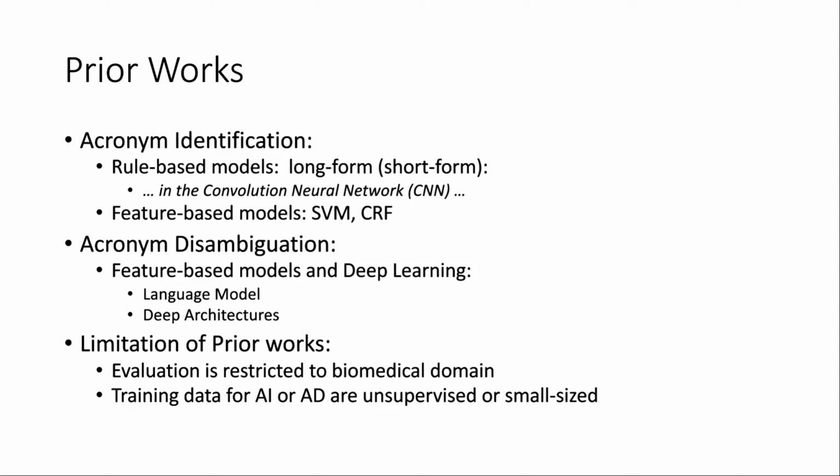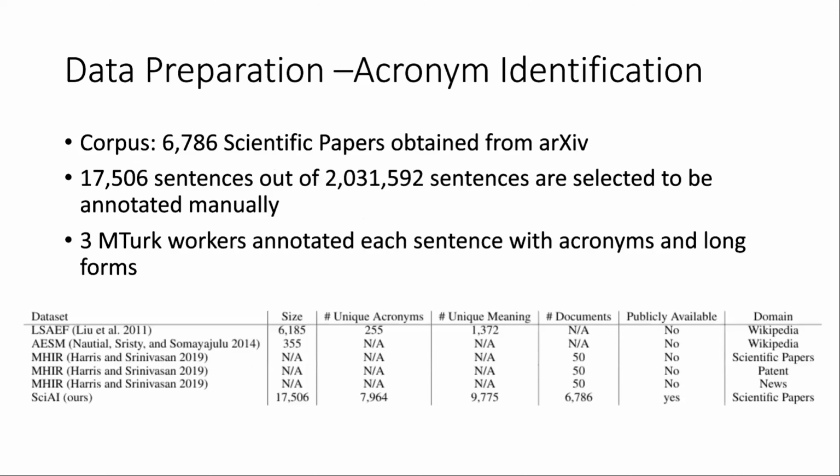And we also know that the existing datasets for acronym identification and acronym disambiguation are very small, and they may even be unsupervised, which is not perfect for deep learning models that are data hungry and require a lot of training data to have good performance. So we try to address these limitations.